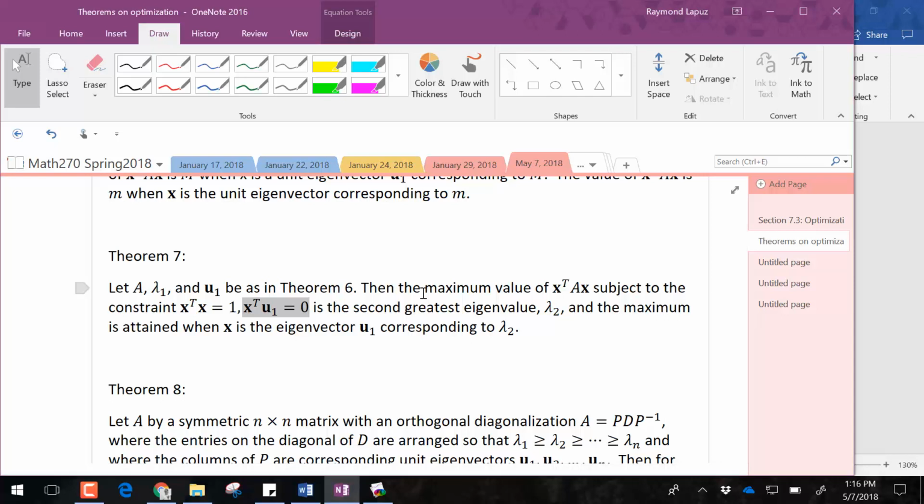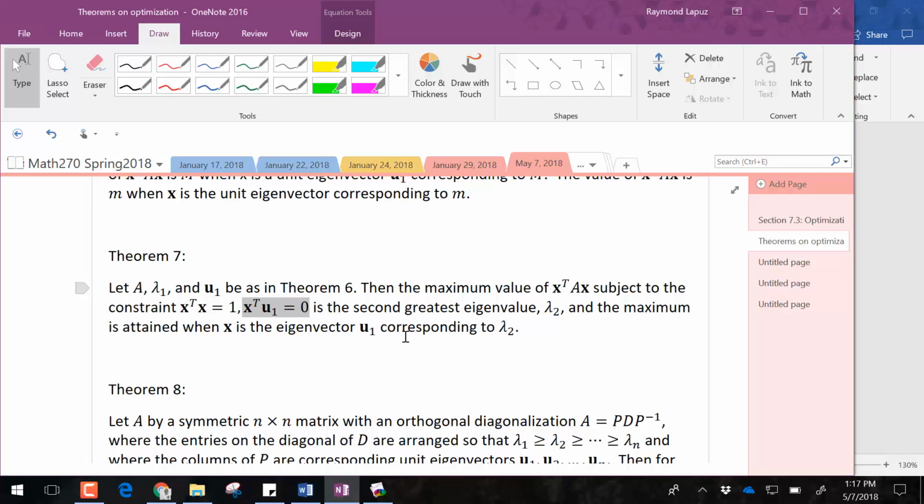If you take away the first eigenvalue and then you redo this problem with two constraints, one of them is the original constraint, and the other one, you take away that first eigenvalue and eigenvector. Then the next greatest eigenvalue will be your new maximum, and it corresponds to the eigenvector corresponding to that eigenvalue.